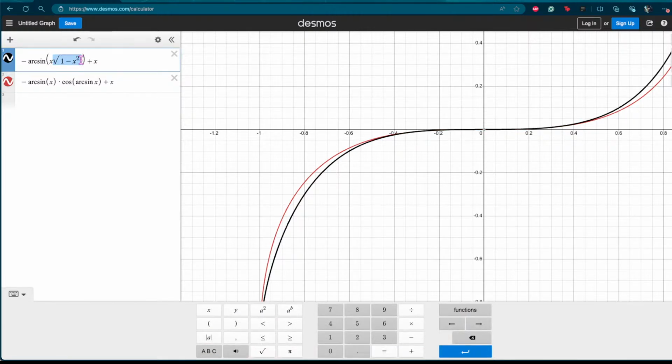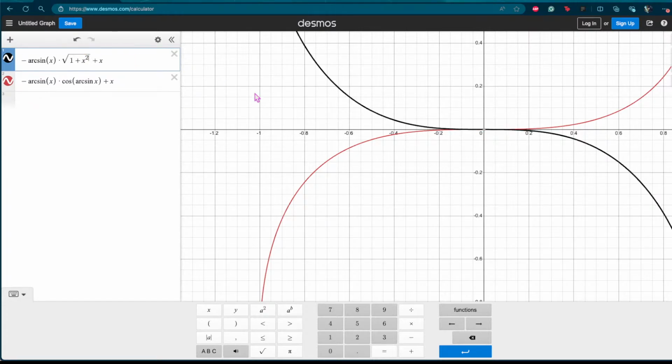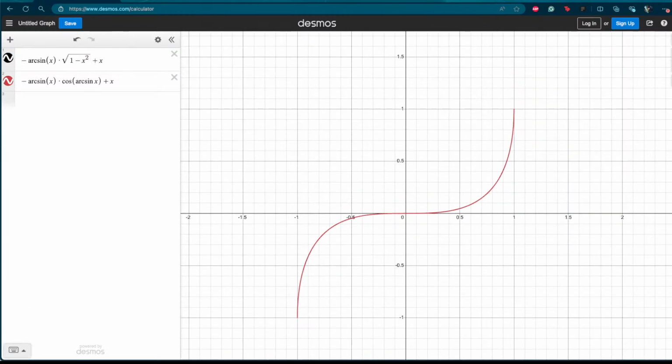Wait, I think this is supposed to go. Oh, it's minus. Okay, I got the correct answer. Look, they're the same.